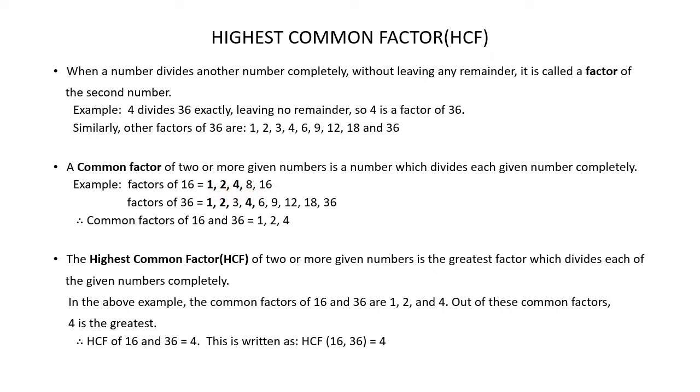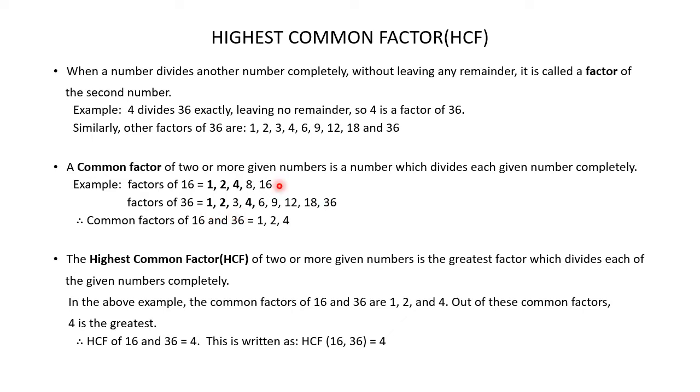Now factors of 36 are 1, 2, 3, 4, 6, 9, 12, 18 and 36. These numbers divide 36 completely without leaving any remainder. So these are the factors of 36.